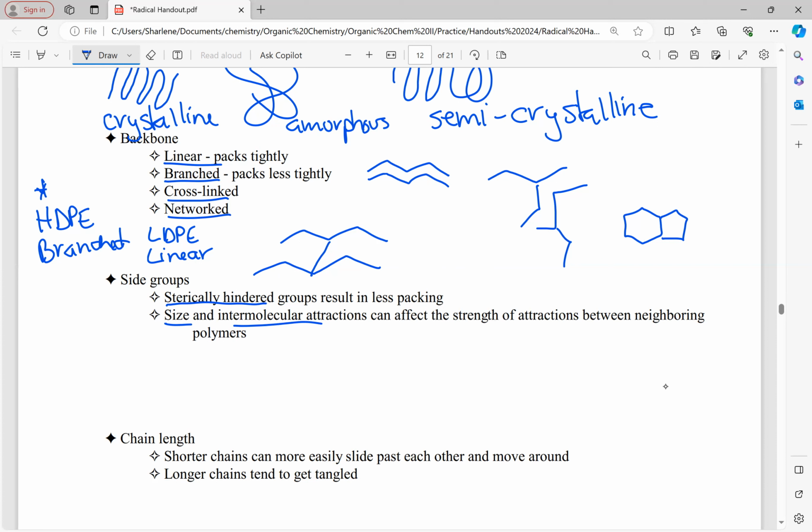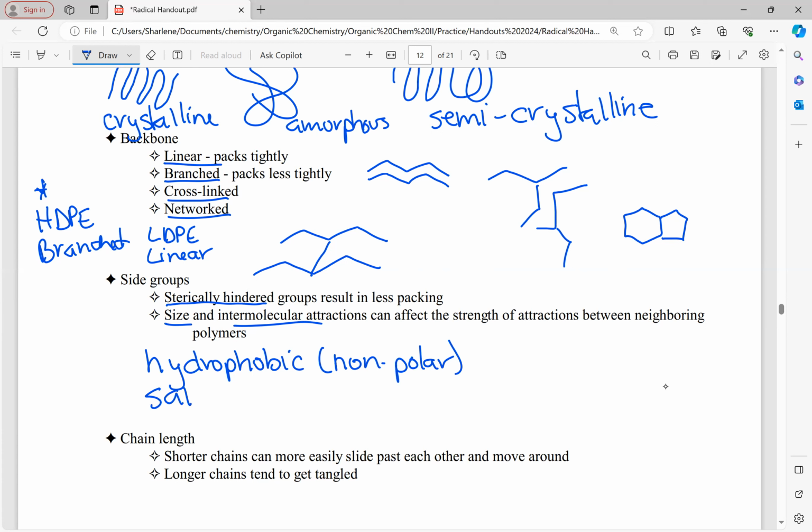They can affect the strength of attractions between the neighboring, and this is so like proteins, but they can form hydrophobic attractions. Hydrophobic. That's basically London forces. Remember, like dissolves like, so nonpolar portions will gravitate towards nonpolar.